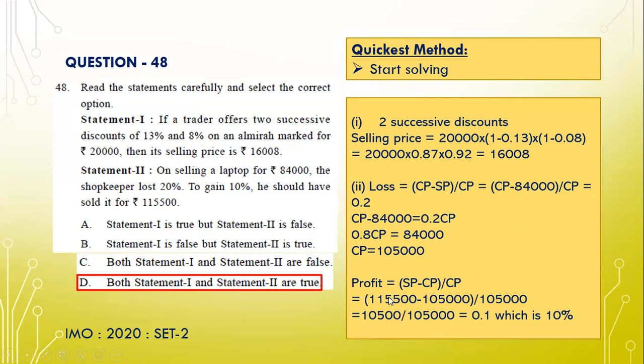This is 10500 upon 105000. So 10500 and 10500 will get cancelled, and what will remain is 1 upon 10, which is 0.1, which is 10%. So it is perfect. So to gain 10%, you should have sold the laptop at 115,500. A very good question.